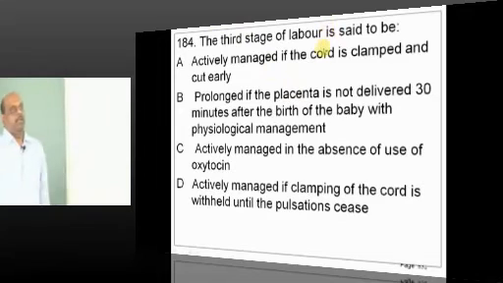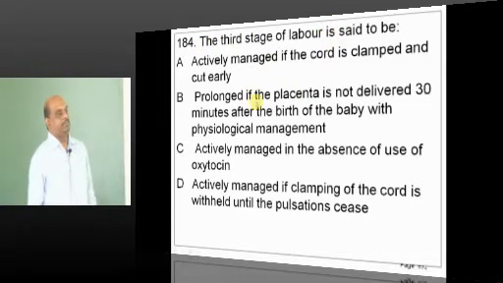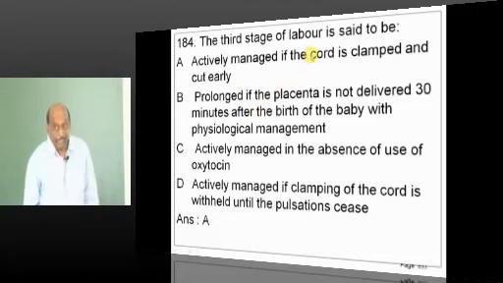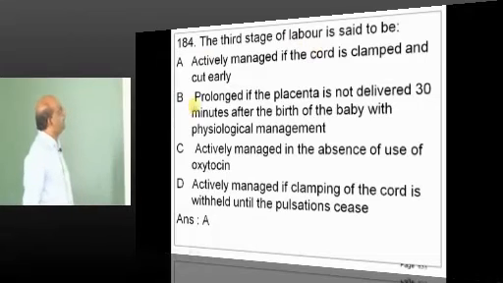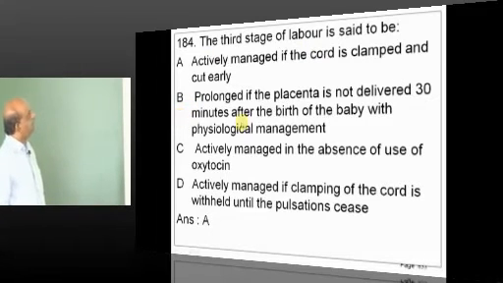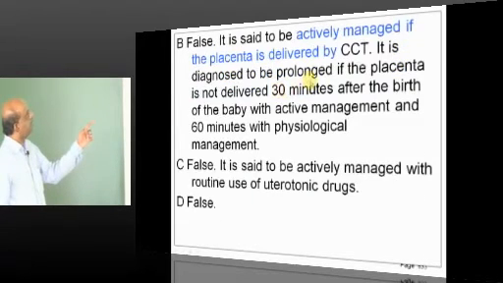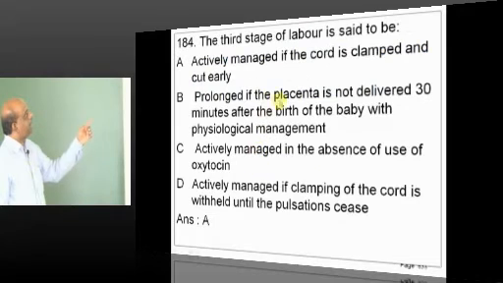Third stage of labor is said to be actively managed when? Actively managed if the cord is clamped and cut early. B? You want to say B? It is diagnosed as prolonged if the placenta is not delivered 30 minutes after the birth of the baby with active management and 60 minutes with physiological management.